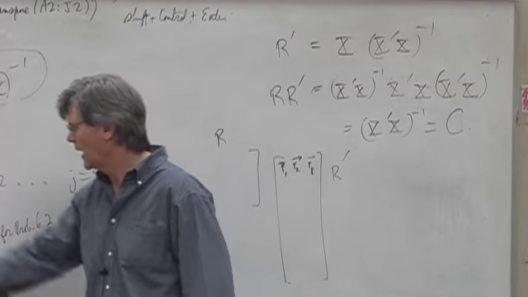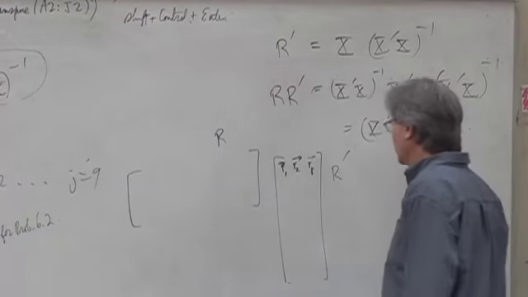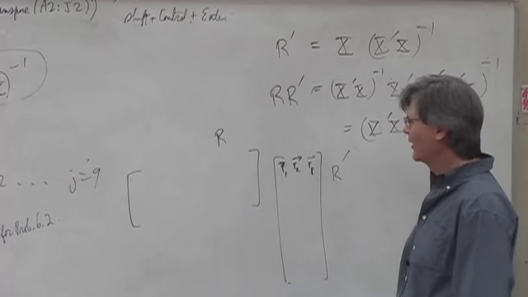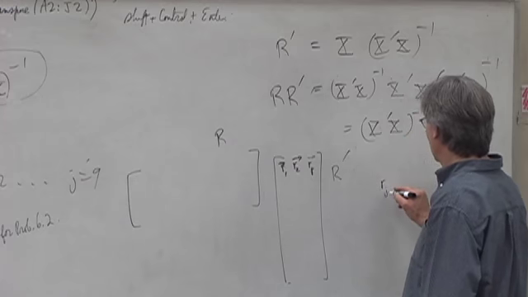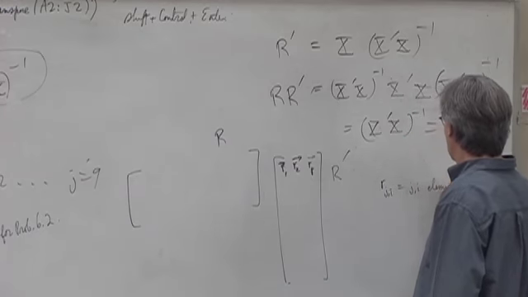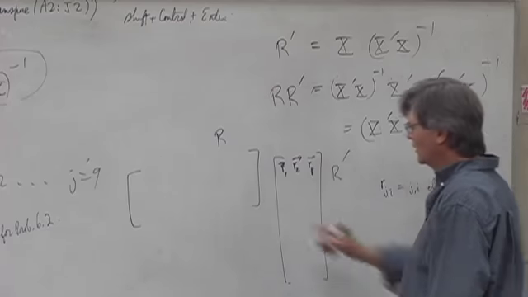And R_ji is the ji element of R, which is this matrix.